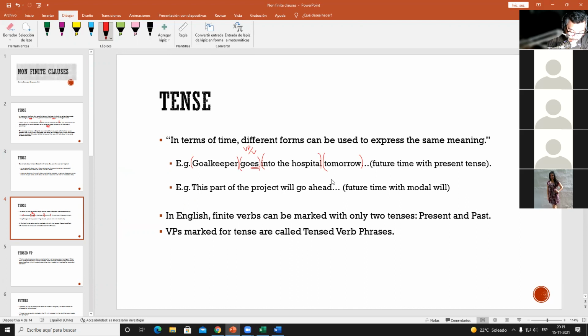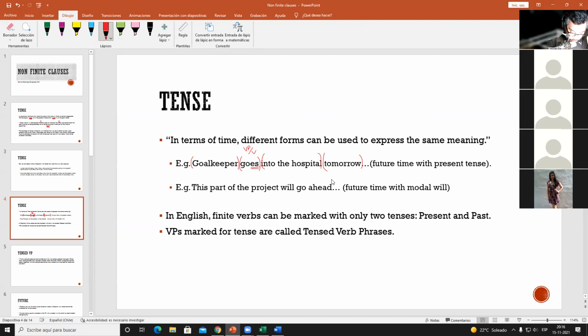Tense and time, they are not the same, right? Tense is a grammatical distinction which is used to represent time, but I can use different forms to represent the same time, right? Like in this example, where the present simple is used to represent the future time.